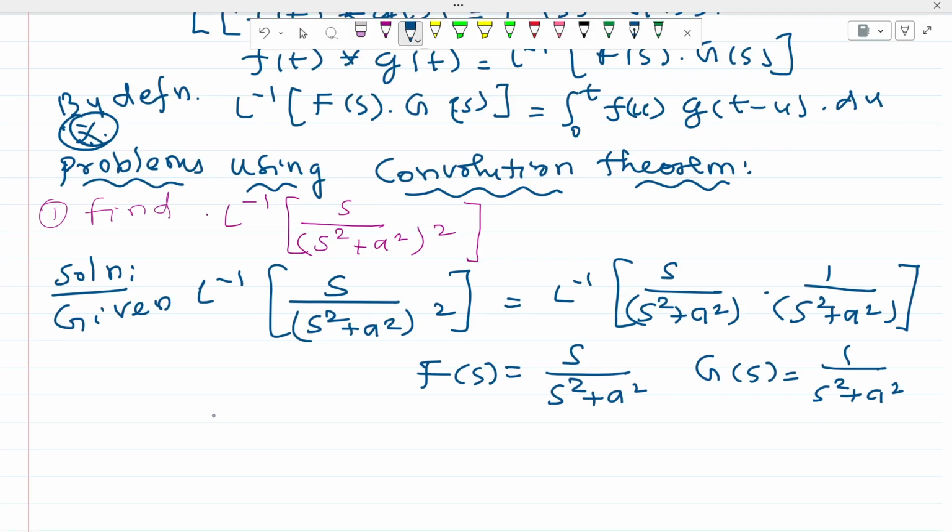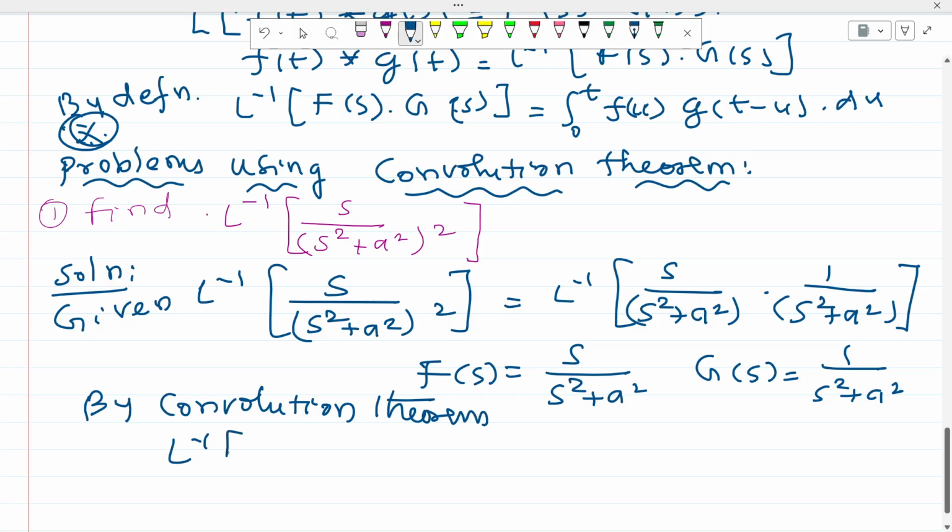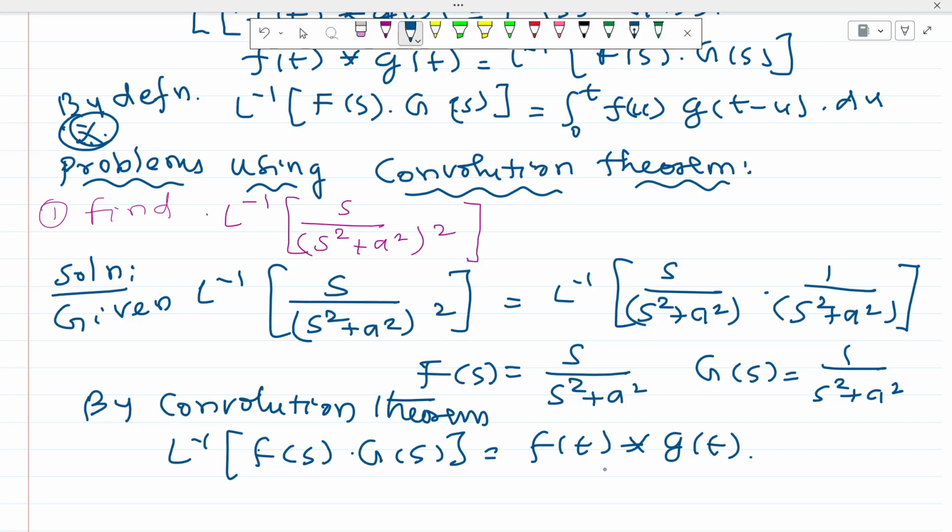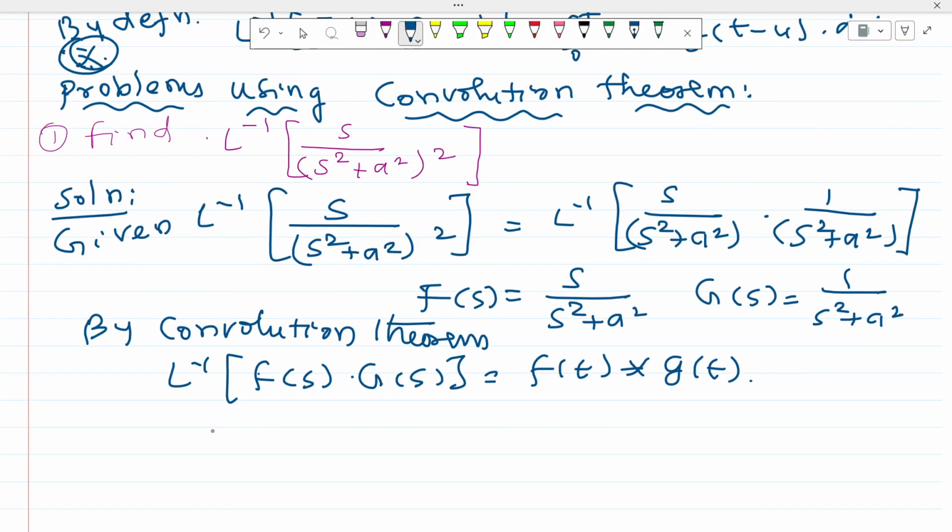Okay, fine. Now what is the formula for convolution? By convolution theorem, L inverse of F(s)·G(s) equals F(t) star G(t). It is the convolution theorem formula. So, what is F(s) here? F(s) is s by s square plus a square.